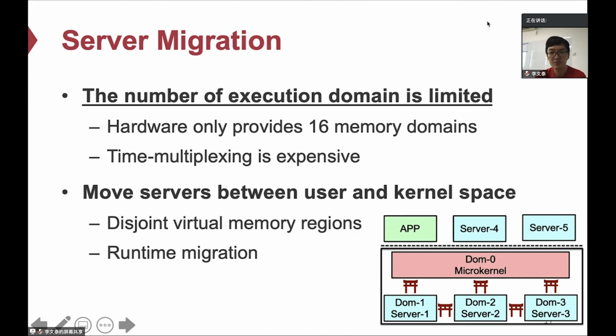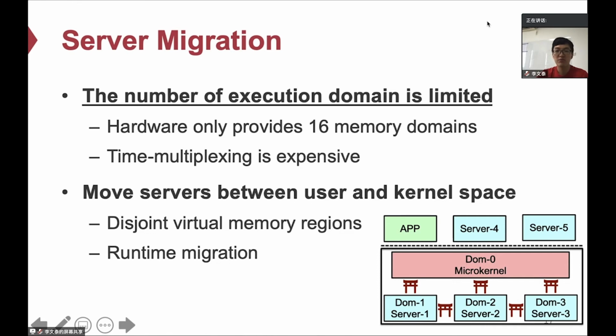Nevertheless, more system servers can be required considering the number of different device drivers. When the number of concurrent system servers exceeds 15, one solution is time multiplexing, but it will not only restrict the concurrency but also incur non-negligible switching overhead.